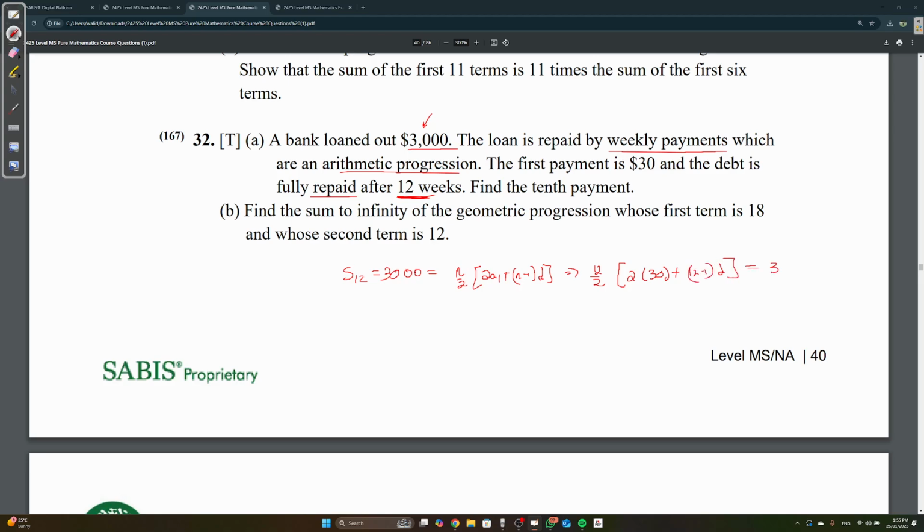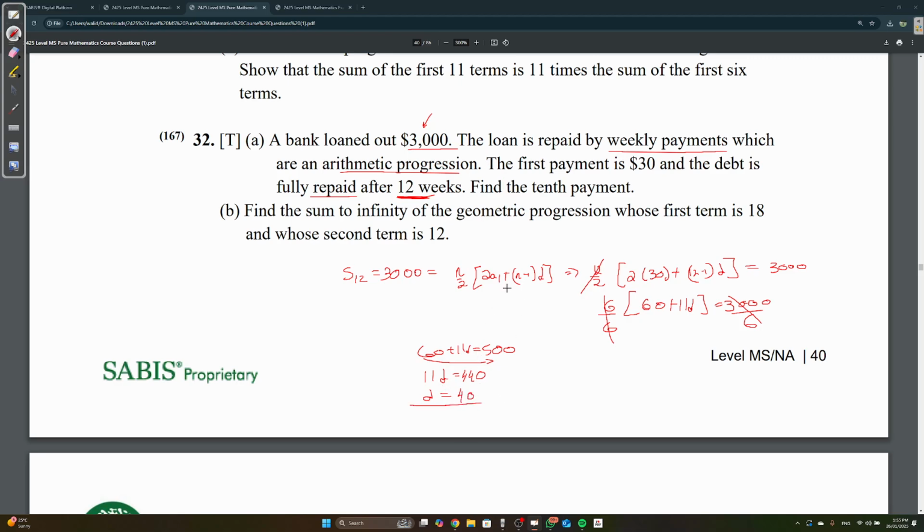What do we know this is equal to? 3,000. So let's simplify. 6, 60, 11d, right? Is equal to 3,000. Divide by 6, divide by 6. You're going to get 60 plus 11d is equal to 500. Subtract 60, you're going to get 11d is equal to 440. So d is equal to 440 divided by 11, which is obviously 40.